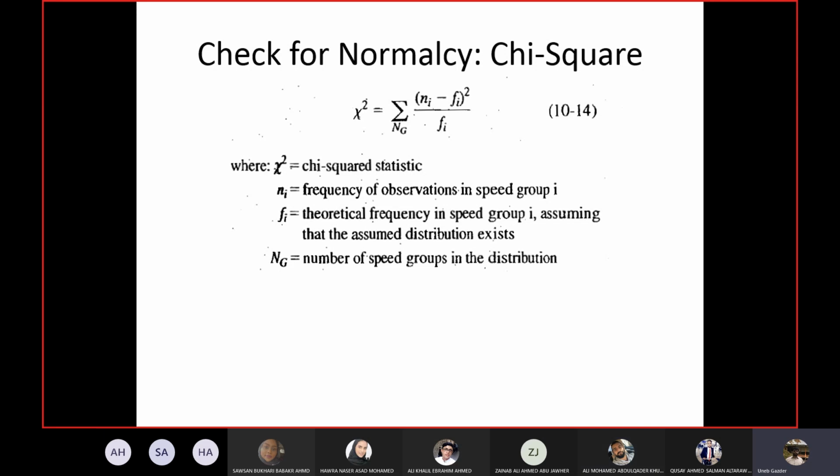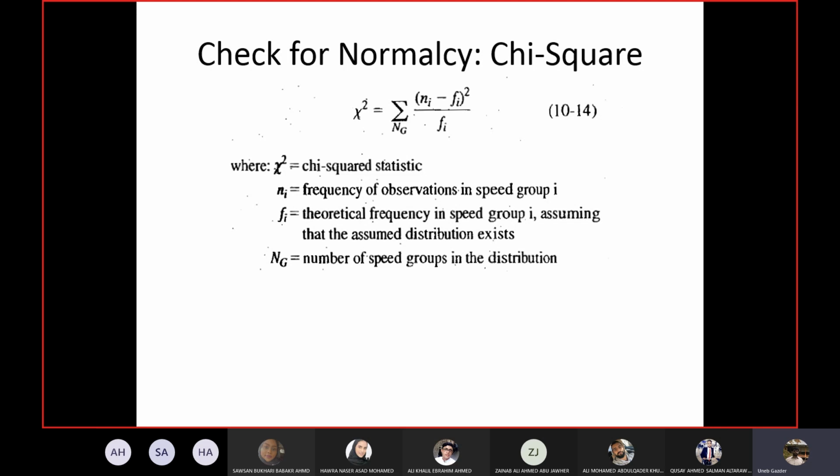This is coming from the field, right? This is coming from the data. So when you collect the data from the field, you know how many vehicles are in each speed group. So n is the value you have. We call it observed frequency. Then f is the theoretical or assumed frequency if the data is following normal distribution.